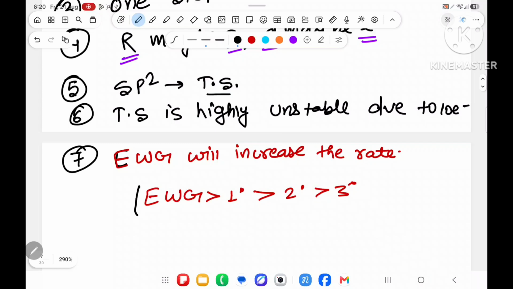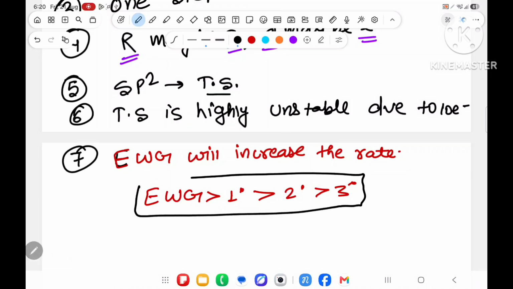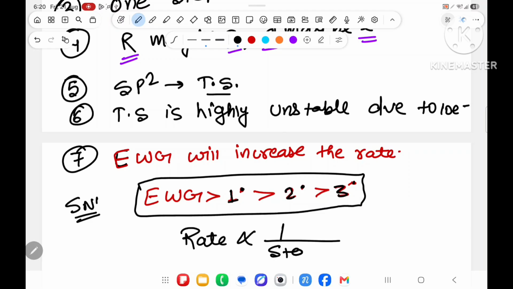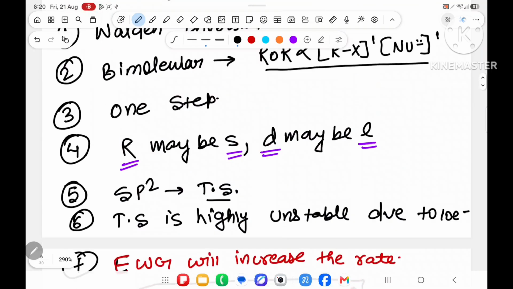If there is no electron withdrawing group, then 1 degree, then 2 degree, then 3 degree, because the rate is inversely proportional to steric hindrance. Steric hindrance means crowding.